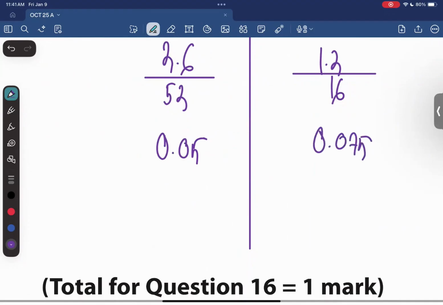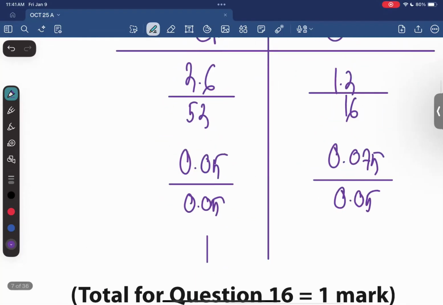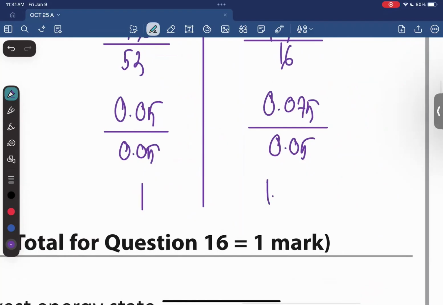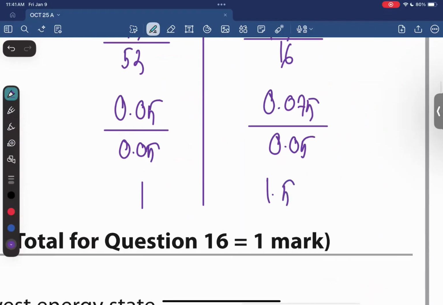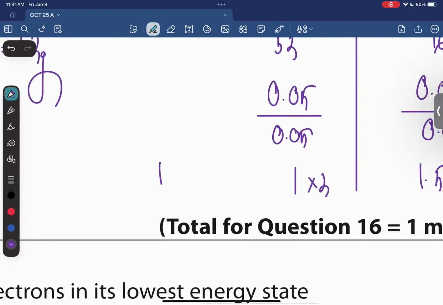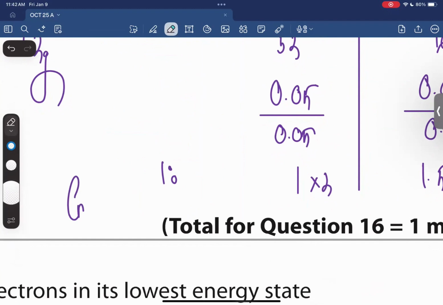We are going to divide by the smallest one, 0.05. So you're having a ratio of 1 to 0.075 divided by 0.05. So 1 is to 1.5, right? Now you have to basically make this a whole number. So you're going to multiply this by 2. So you have a ratio of 2 to 3, which means that it is Cr2O3.